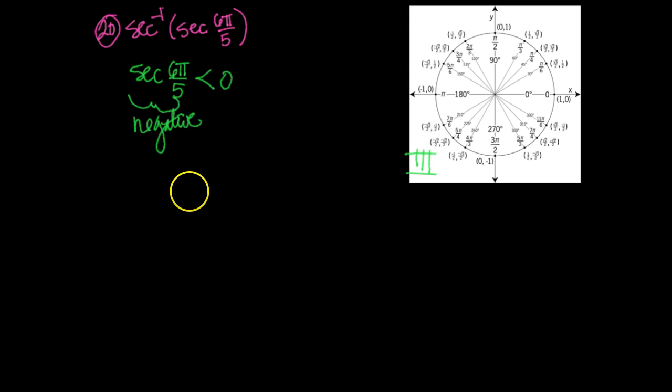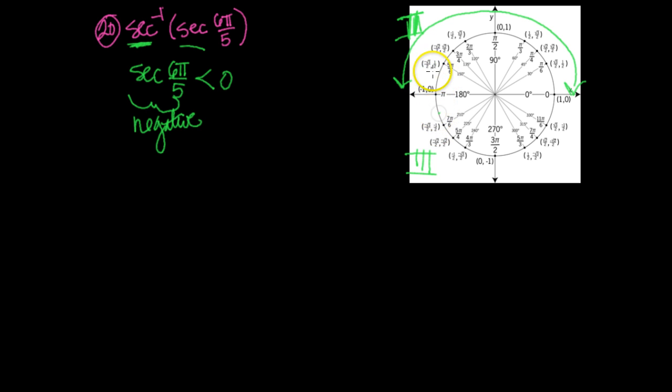Whatever it is, I don't even need to know what it is. I know that these undo each other, but we can only deal with secant. Secant goes from 0 to pi. So we're up in this region. Well, where do we also have a negative cosine? We have a negative cosine in quadrant 2, not 3. So in quadrant 2, cosine would also be negative. That would give you a negative secant value.